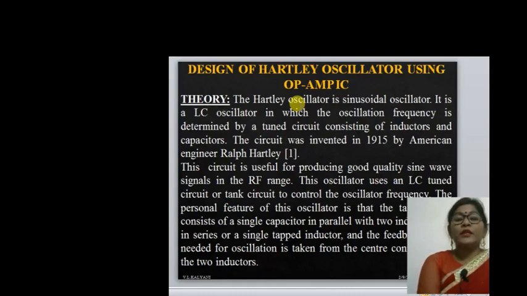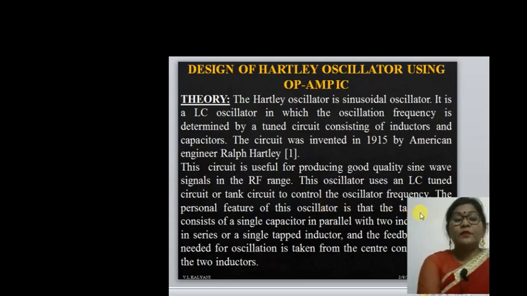The circuit was invented in 1915 by American engineer Ralph Hartley. This circuit is useful for producing good quality sine wave signals in the RF range, here from 20 kilohertz to 30 megahertz. This oscillator uses an LC tuned circuit, or tank circuit, to control the oscillator frequency.